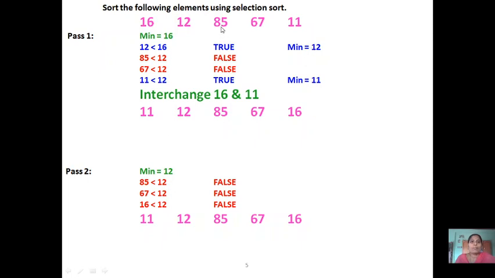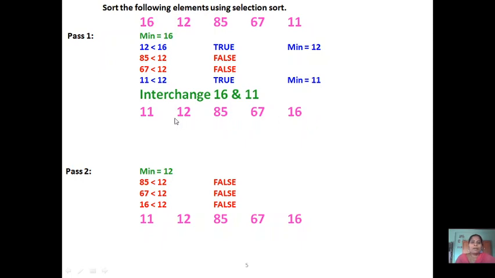After that you compare the minimum value with 85. 12 is the minimum. 67 and 12, 12 is the minimum. 12 and 11, 11 is the minimum. So you have to consider 11 as the minimum element. Now the list of elements is completed, so you have to exchange the minimum element with the first element. So 11 and 16 will be exchanged. This is the first pass.